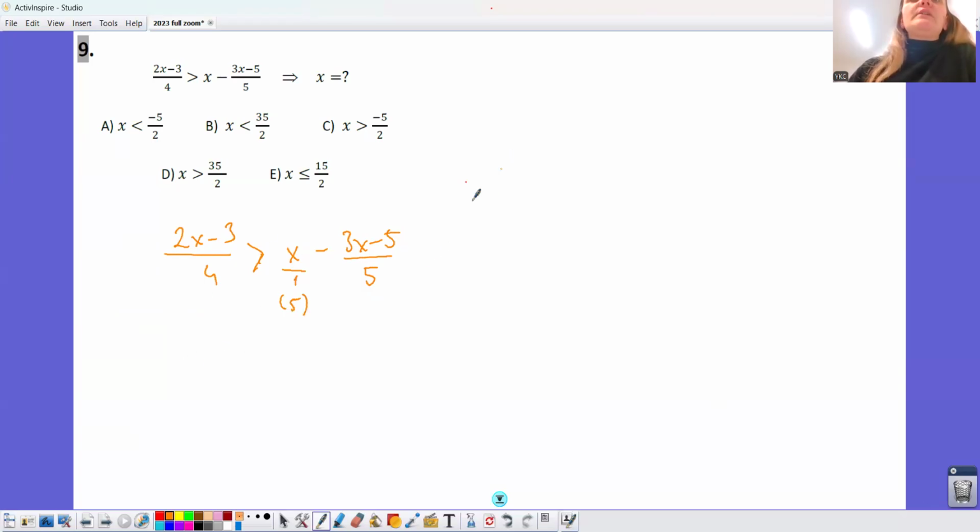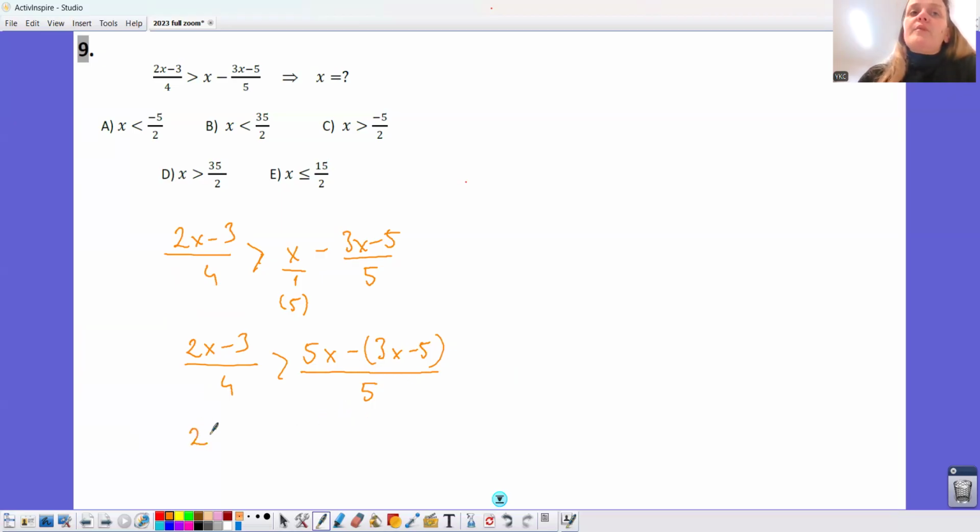So our inequality will become (2x minus 3) over 4 greater than 5x minus, when you have a minus here and a binomial, a two-term expression, I need to open parenthesis because the minus will change the signs. If you do not open parenthesis, you will not have a correct result.